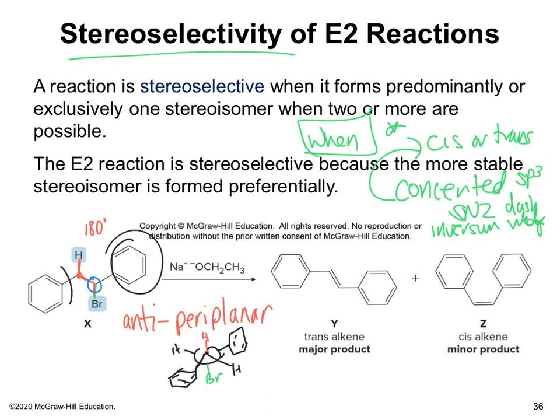So if you did your Newman projection, you would see that the beta hydrogen that is taken is 180 degrees, a dihedral angle, from the leaving group. This is what anti-periplanar means. And so if this happens, then your major product is going to be the trans alkene.